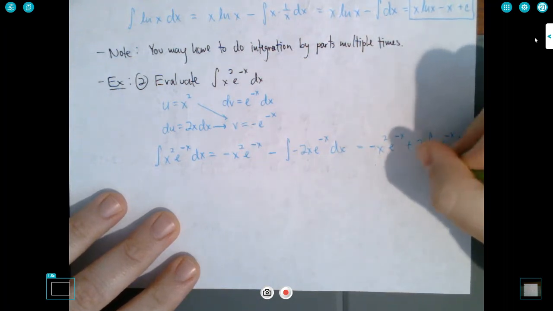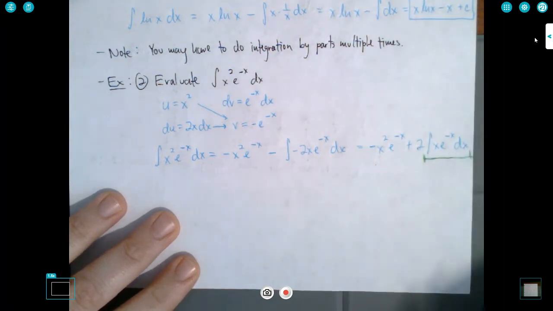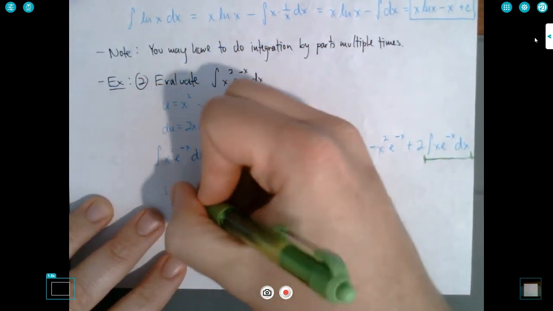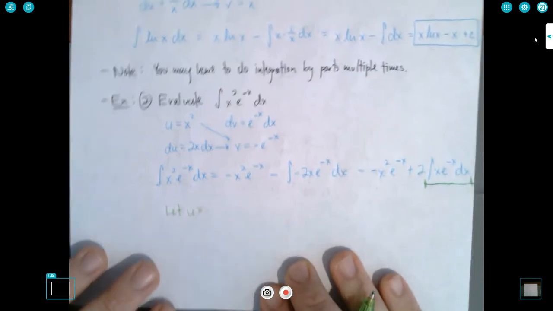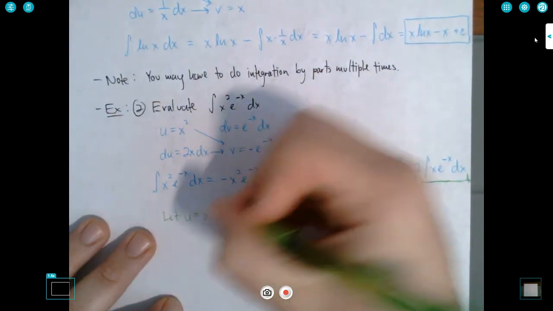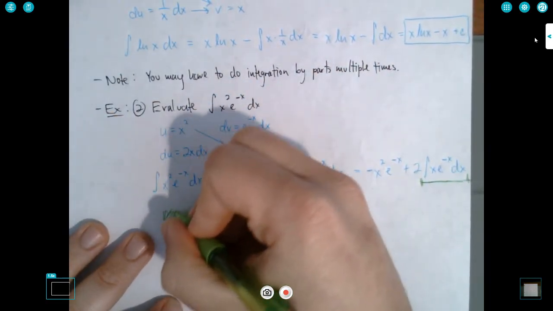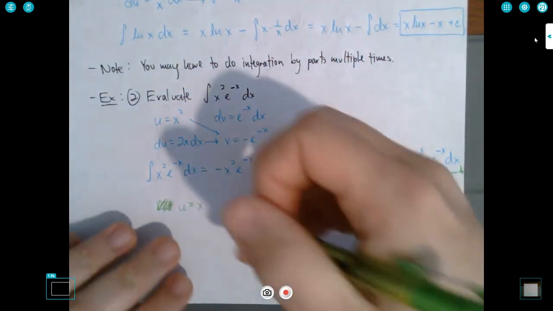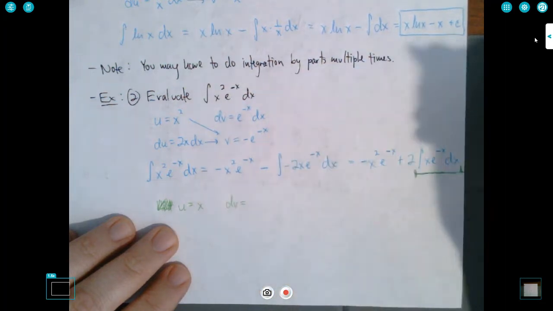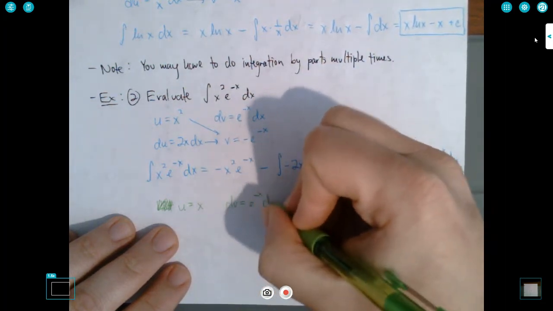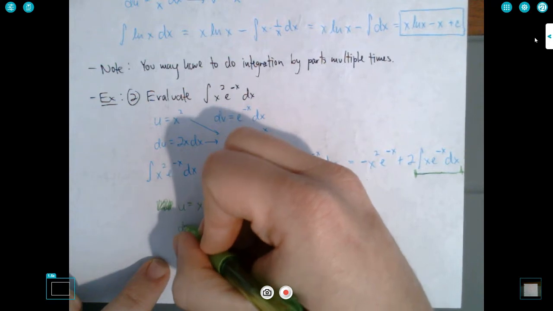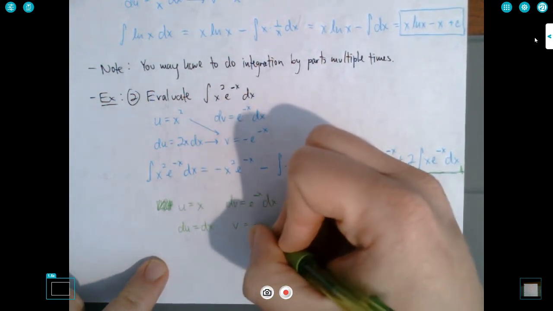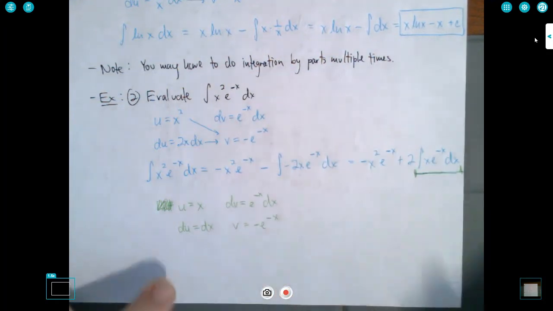Maybe I'll do this in a different color. Okay? So for that piece, I'm going to let u, again, be the algebraic function x, and let dv be e to the negative x dx, right? Then du is going to be dx, and v is going to be negative e to the negative x.